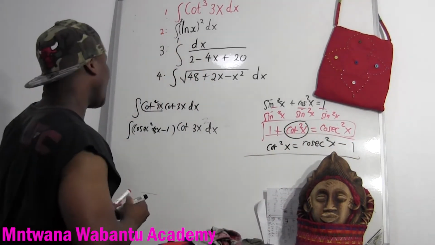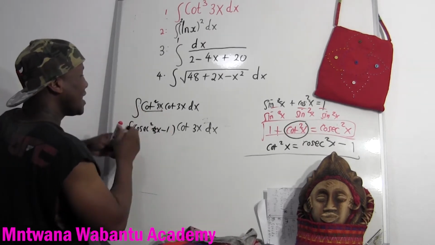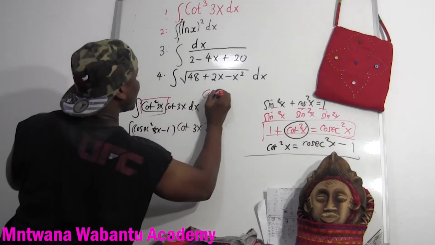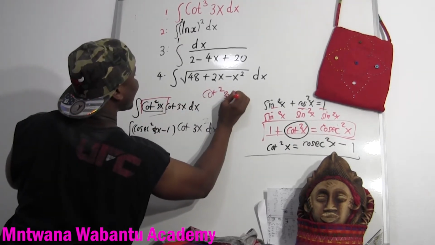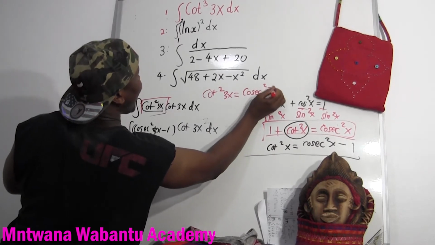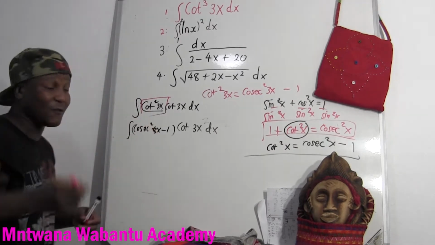You see that? Minus 1. So cot squared 3x equals cosec squared 3x minus 1. I knew it from the head, but that's how you get it.